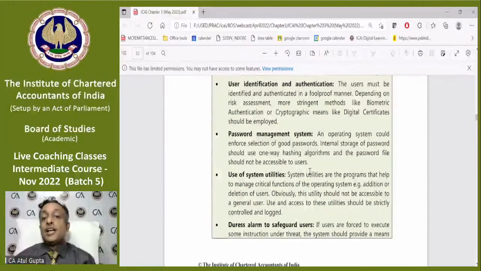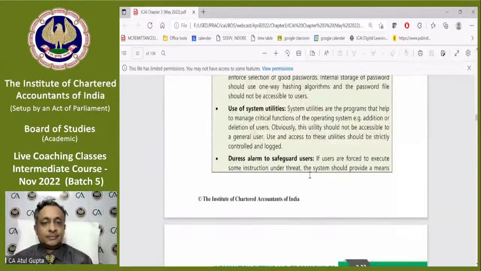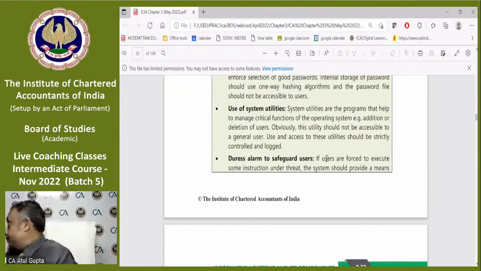Then the password management system can be implemented by the operating system also. System utilities are programs which help manage critical functions of an operating system.